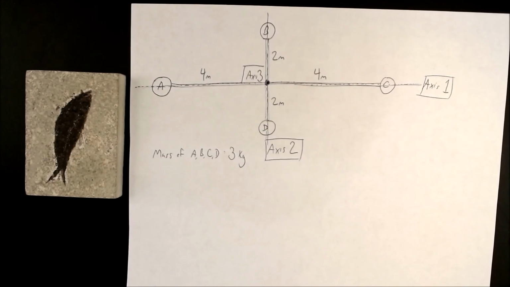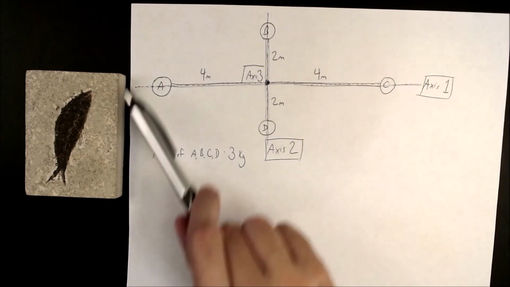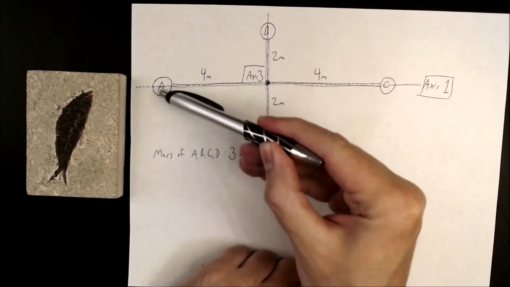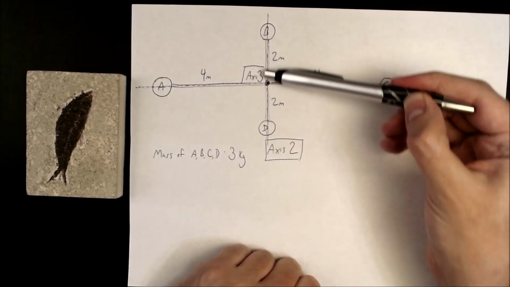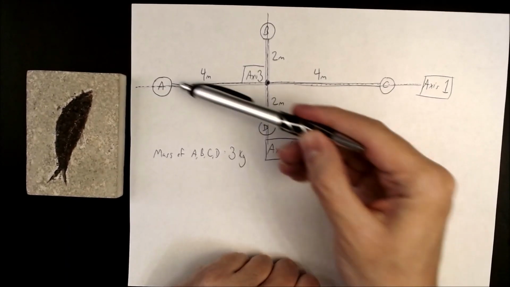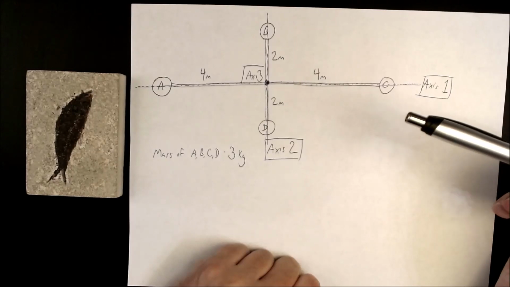Let's do an example of calculating the moment of inertia for an arbitrary object. I've drawn this thing out, this strange apparatus. It is made of 2 rods with 4 spheres, one at the end of each rod.